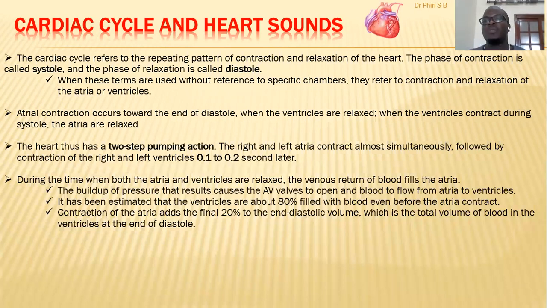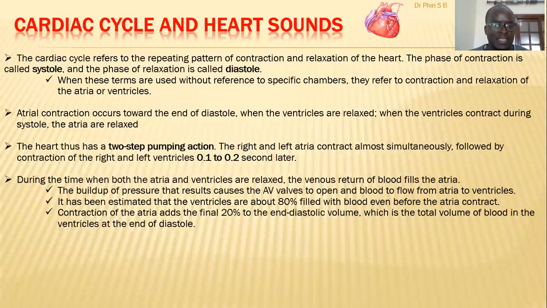So you have passive movement of blood from the atria to the ventricles, not because the ventricles are contracting. The ventricles are relaxed, and the atria are relaxed. So there is passive movement of blood from the inferior and superior vena cava into the atria, and then from the atria into the ventricles.